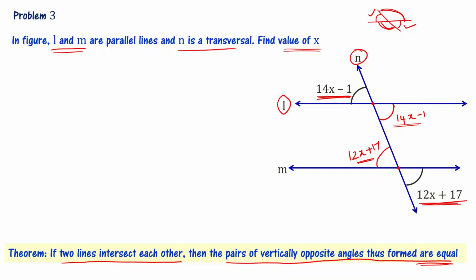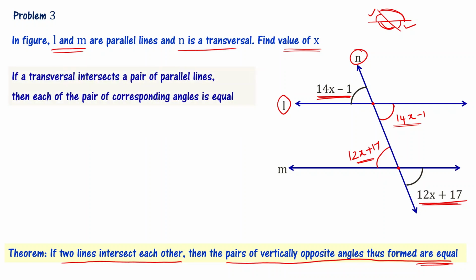When two parallel lines are intersected by a transversal, then the corresponding angles are going to be equal. As per this, the corresponding angles, this one is equal to this one. Let me write that. 14x minus 1 is equal to 12x plus 17.